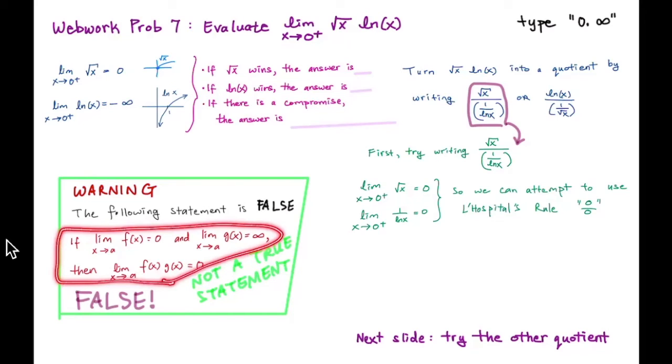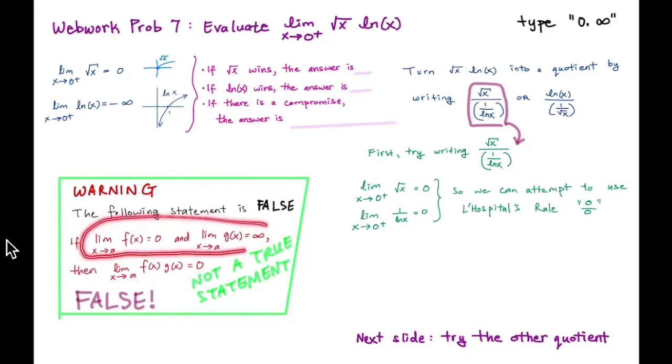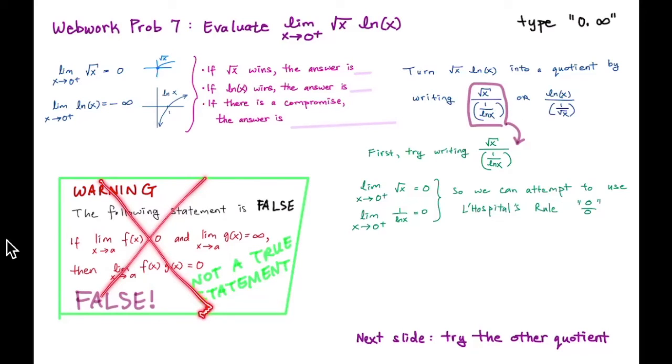And you should be able to find a counterexample where you have these two conditions to be true, but this limit actually is either infinity or a number that is not 0. So this is not true. That is why you want to be careful in this situation, and you have to use L'Hopital's rule to figure out this limit.